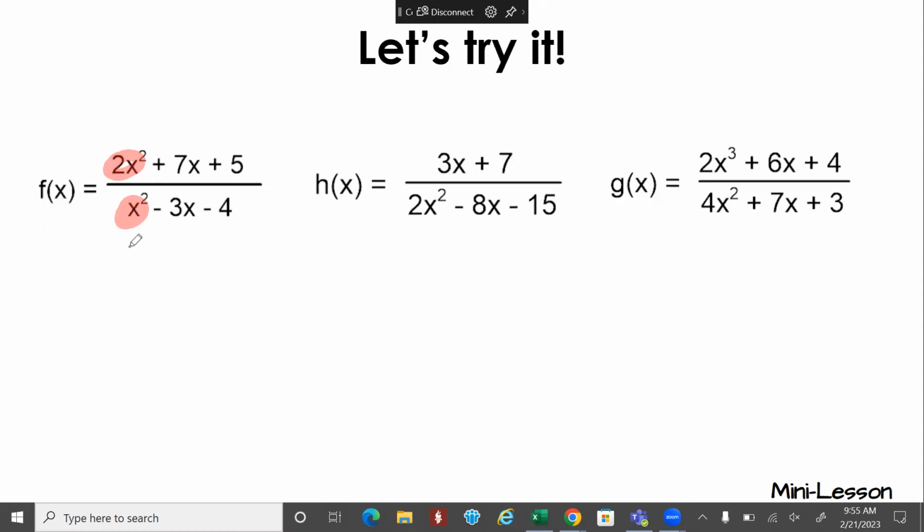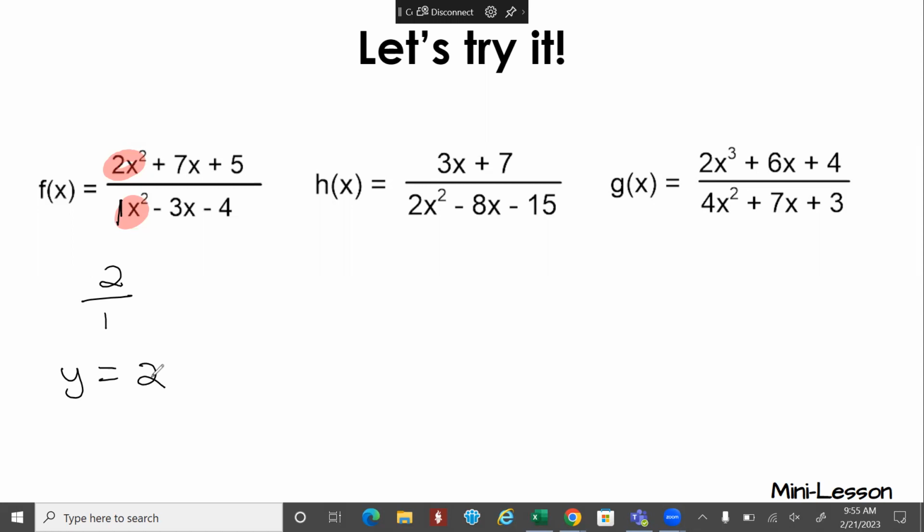But we see that we've got 2x squared over here. X squared right here. What's the coefficient of this guy in the bottom of this x squared? 1, right? Are the degrees the same? They both have x squared, right? Okay, so now we're just going to take the coefficients and divide them. What's 2 divided by 1? 2. We're going to have a horizontal asymptote at y equals 2.